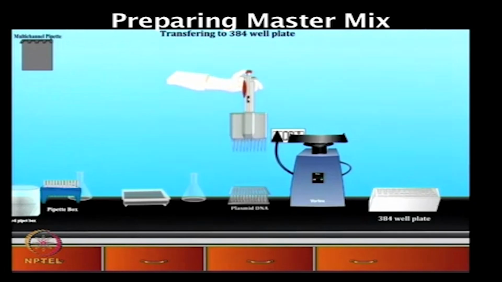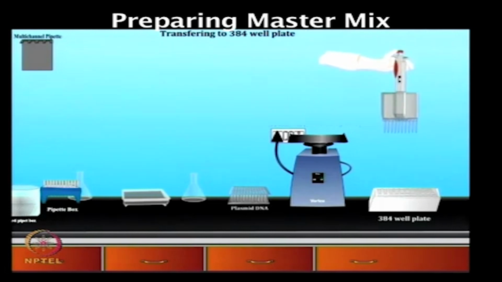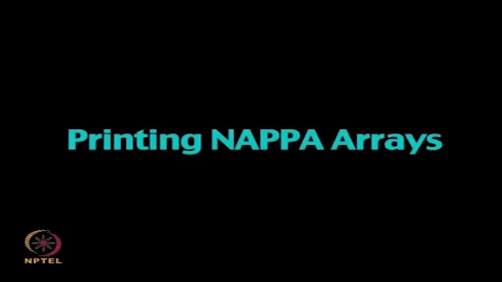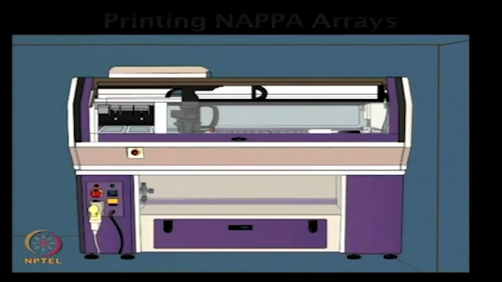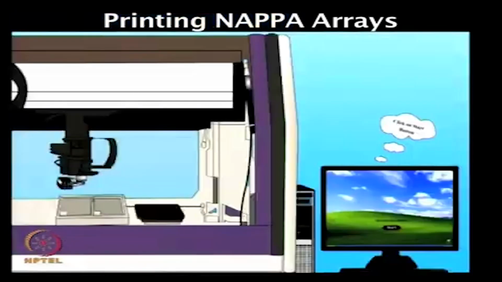Again, these steps can be performed either using multi-channel pipettors or by using liquid handling systems. Once master mix is prepared and transferred into the 384 well plate, we can perform the printing step. So, we can use these microarrayers to print the DNA and the master mix on aminosilane coated glass slides.